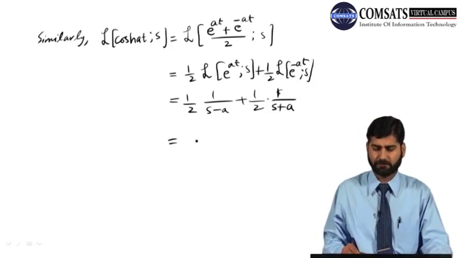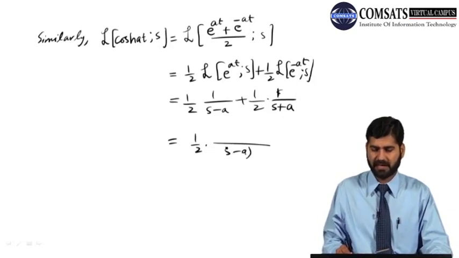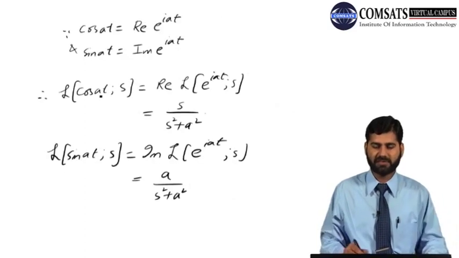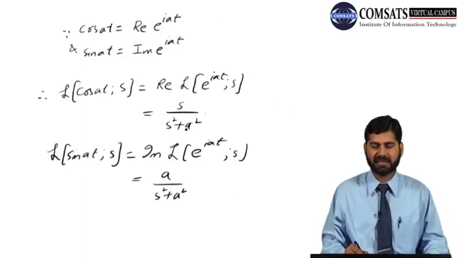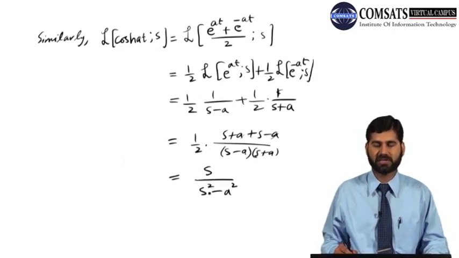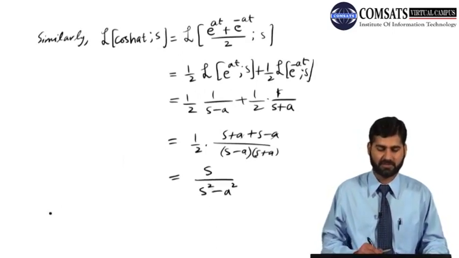Now you can take the LCM, s minus a, s plus a. You will get s plus a plus s minus a. So a is gone. You got 2s by 2, so it's s over s square minus a square. So you see the only difference is cosine at has s over s square plus a square, and cosine hyperbolic has s square minus a square.